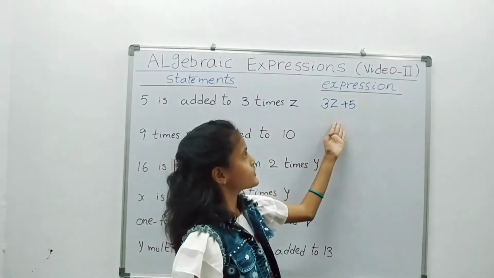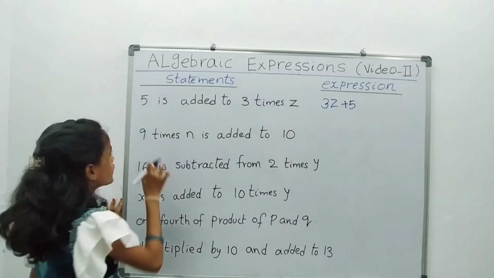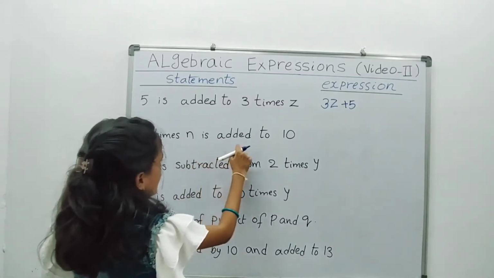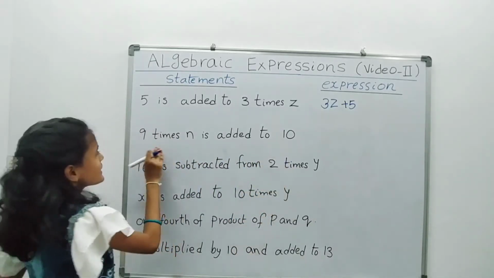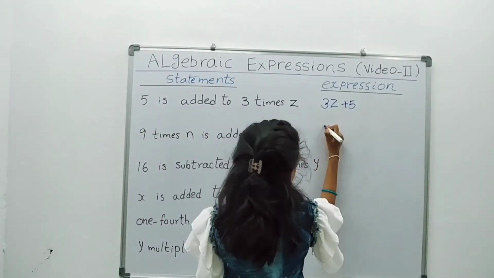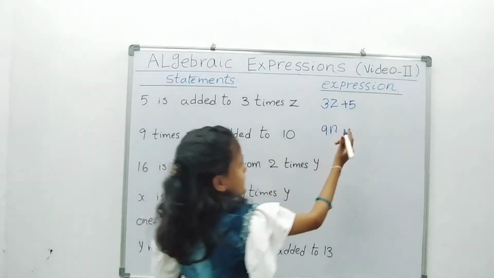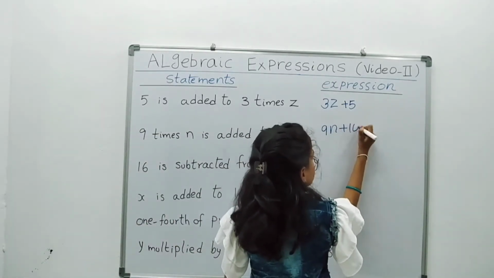Expression is 3z plus 5. And next statement is 9 times n is added to 10. 9 times n is 9 into n is 9n. Next, added to 10, plus 10.